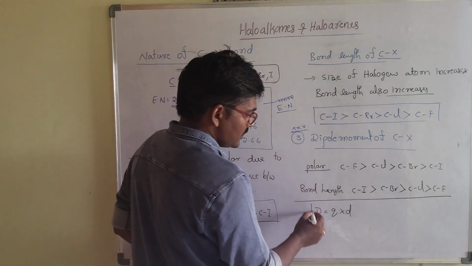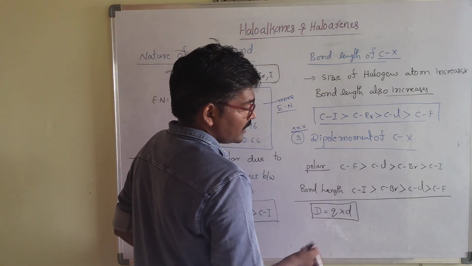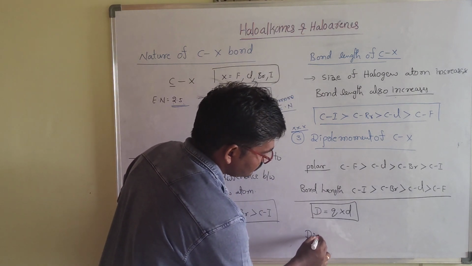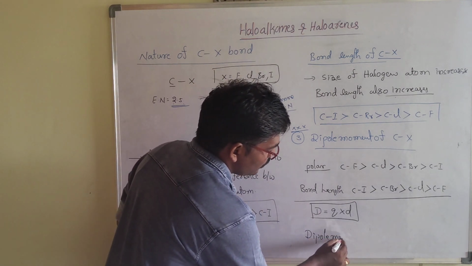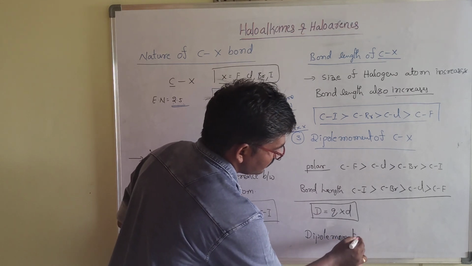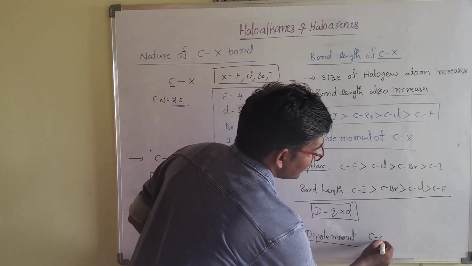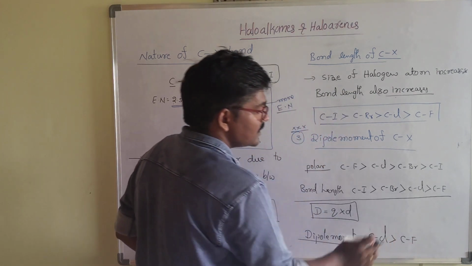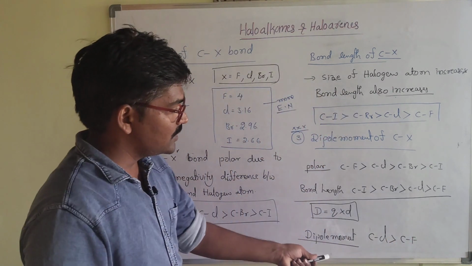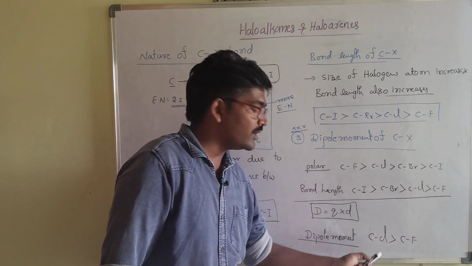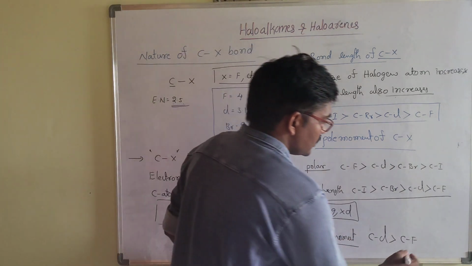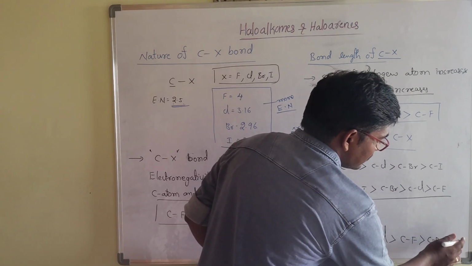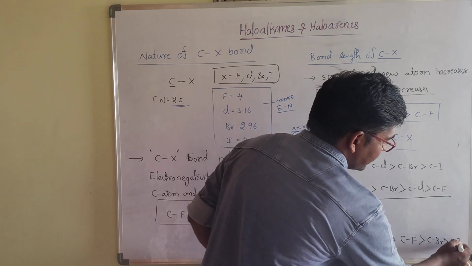So based on this dipole moment, exceptional cases are there. The dipole moment in C-Cl is greater than that of C-F, because the distance in C-F is smaller than in C-Cl. Then, as usual, C-Br, then C-I.